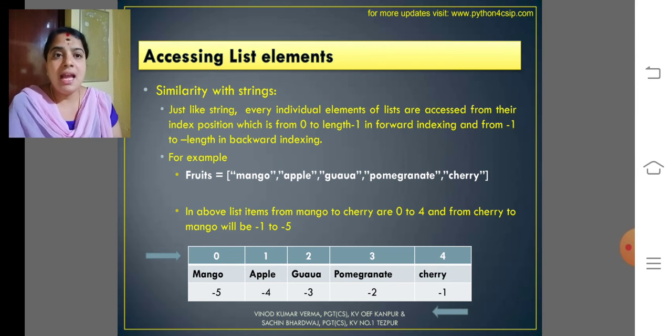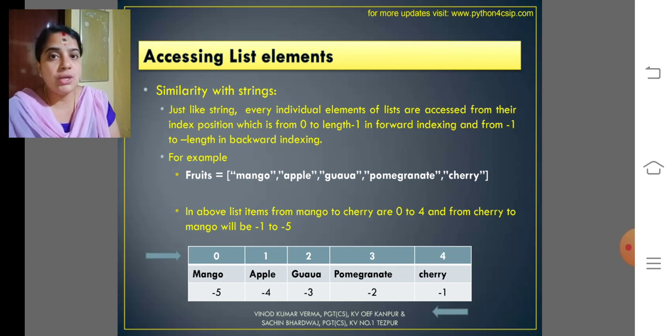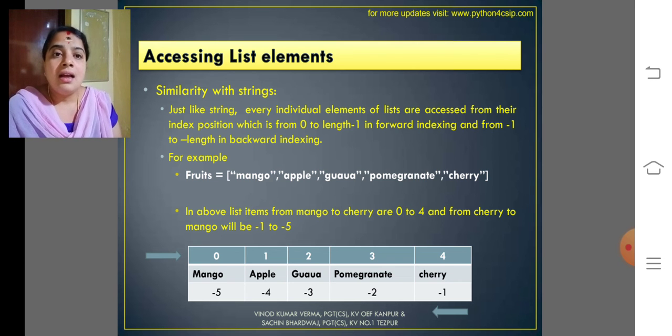Just like strings, every individual element is accessed from its index position. Look at the example I had given. I have a list called fruit. Within that, what are the elements I enclosed? Mango, apple, guava, pomegranate, cherry. Within that, how will the elements be indexed?